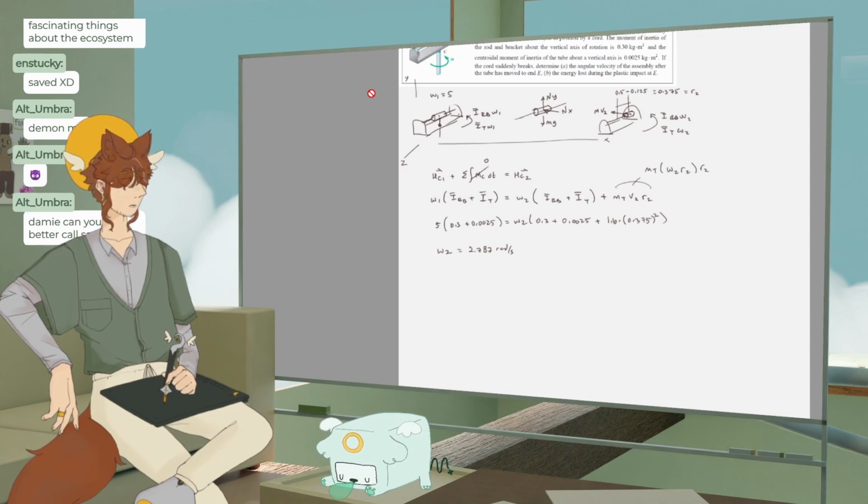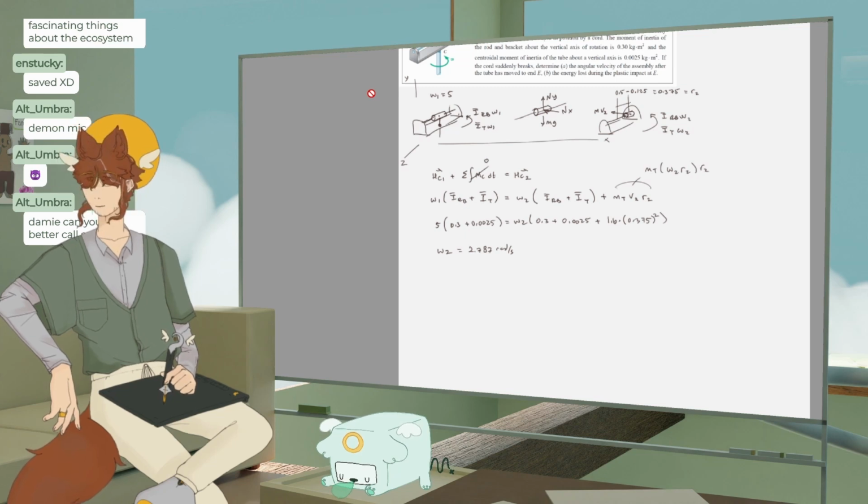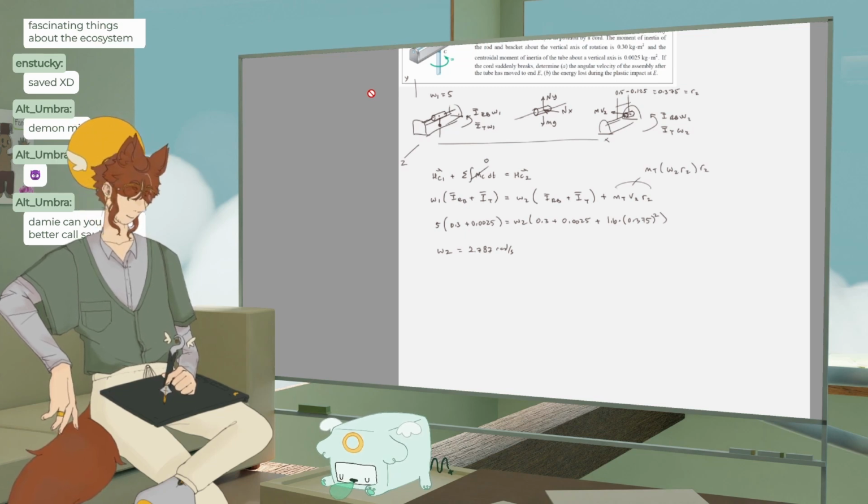I don't know how well I can teach frequency response. Or no, I can do okay at teaching frequency response, I think. The one I don't know if I can do is the differential equations part of frequency response. But we should be good.